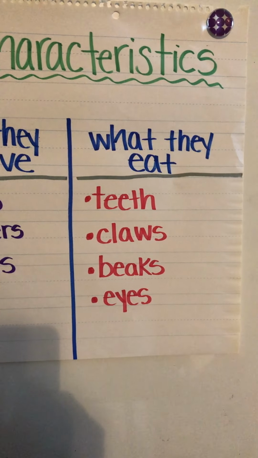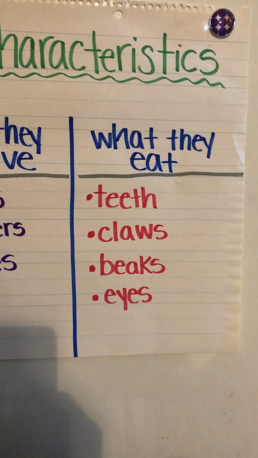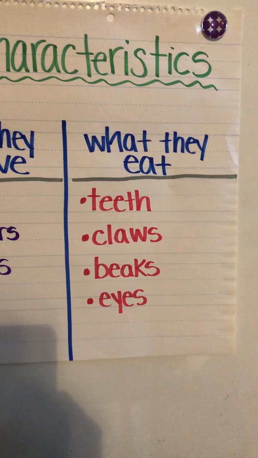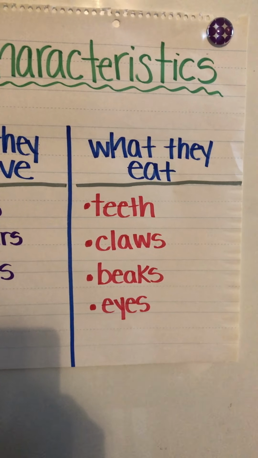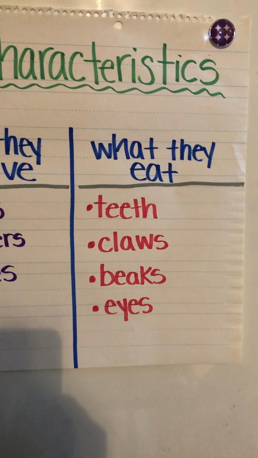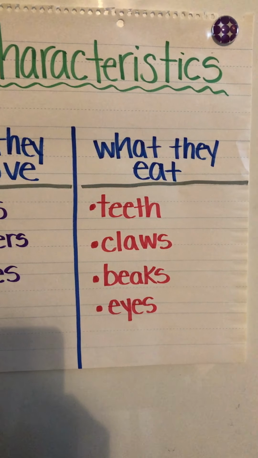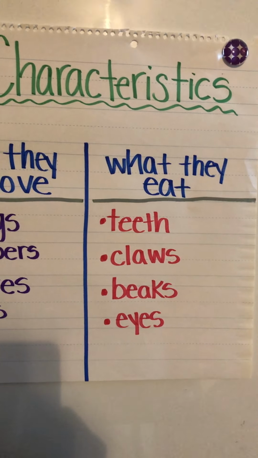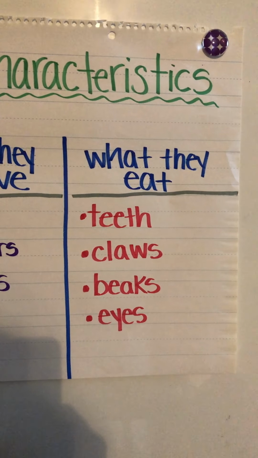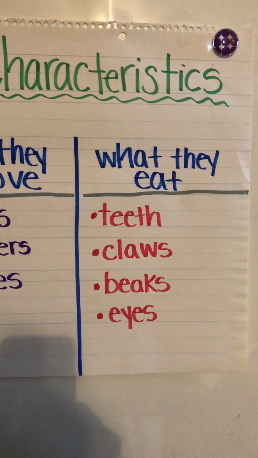What do you call those birds that fly around and you're like, oh, there might be a dead animal laying around? Do you remember what they're called? You're exactly right. So their beaks are really sharp. That way they can easily, again, get into their meals and break apart into smaller pieces so they can eat it.